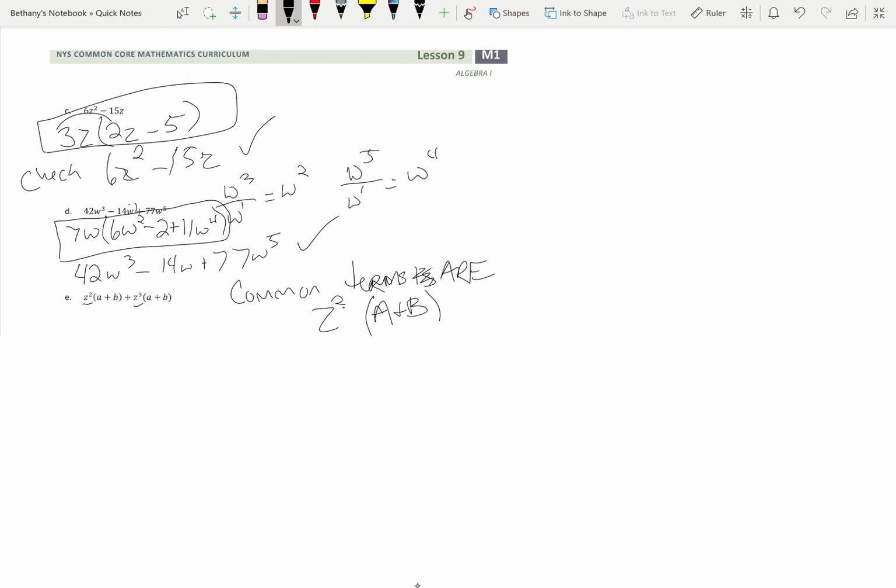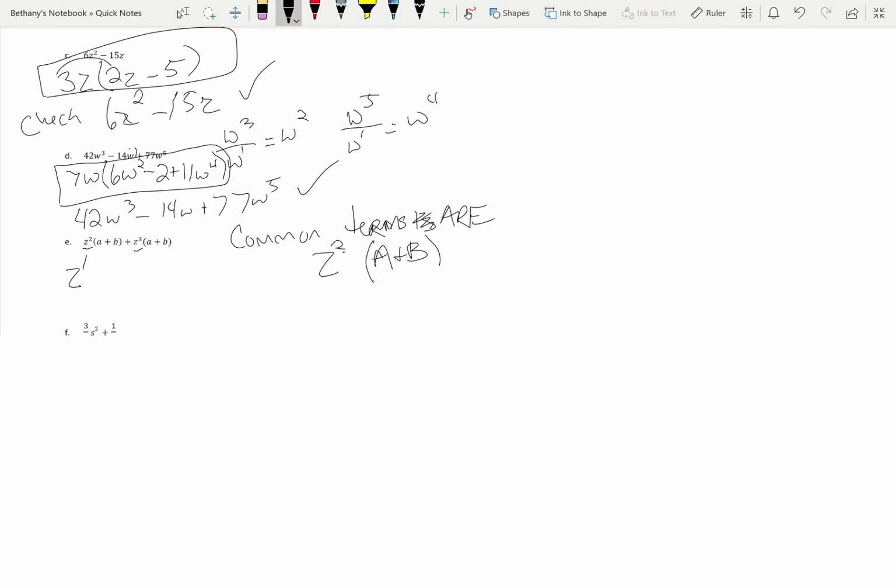Okay, so if I take out a z squared times a plus b, and times that whole thing, as parentheses, that would be 1 right here, plus z.